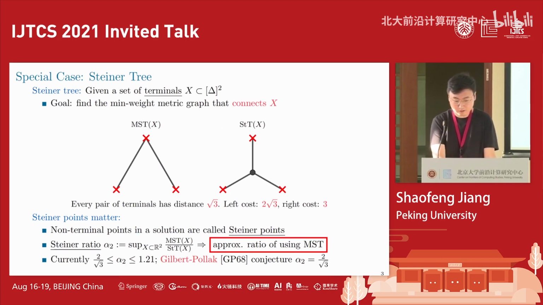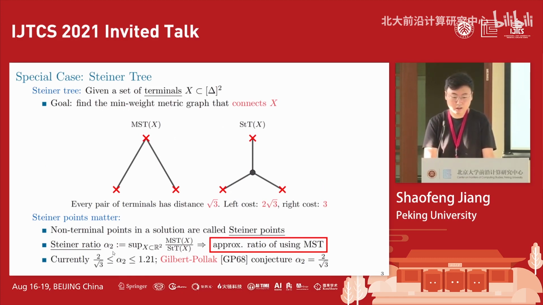And we look at this Steiner ratio, which we define as alpha 2. Here 2 means two-dimensional space. In general, we can define alpha d for d-dimensional space. This alpha 2 is exactly the worst-case ratio between MST and Steiner tree. Basically, if you want to approximate the Steiner tree using MST, then this ratio in 2 dimensions is alpha 2.